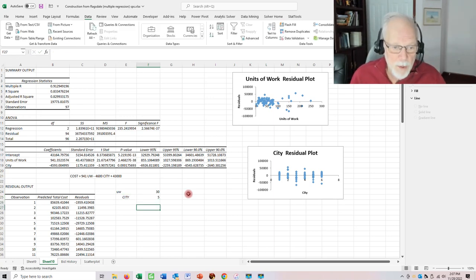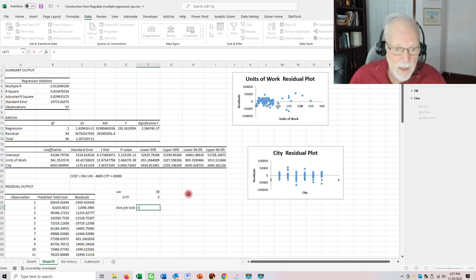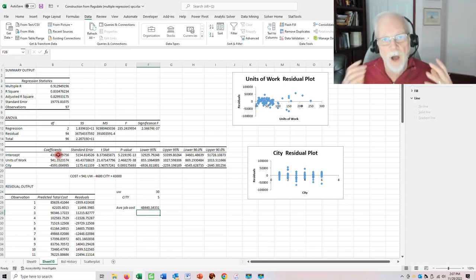Then what would the average job cost be for a job that has those characteristics? It would be 30 times the units of work variable plus 5 times the city coefficient plus the constant term. So our job estimate would be about $48,000 on average for a job with those input characteristics.